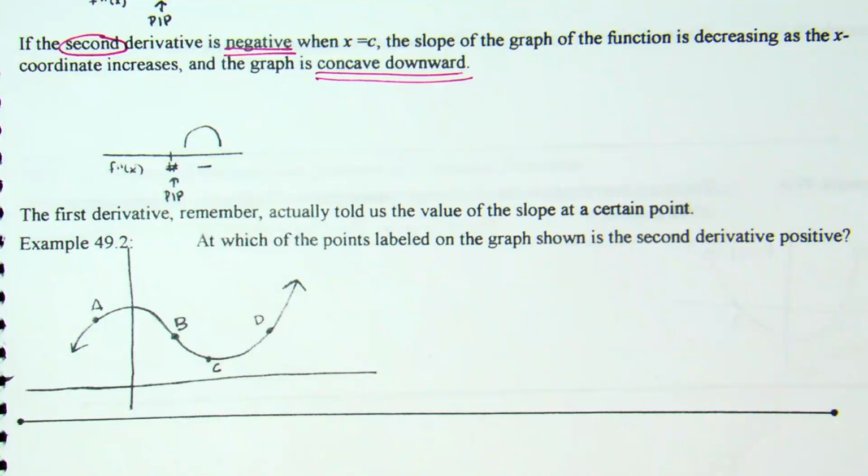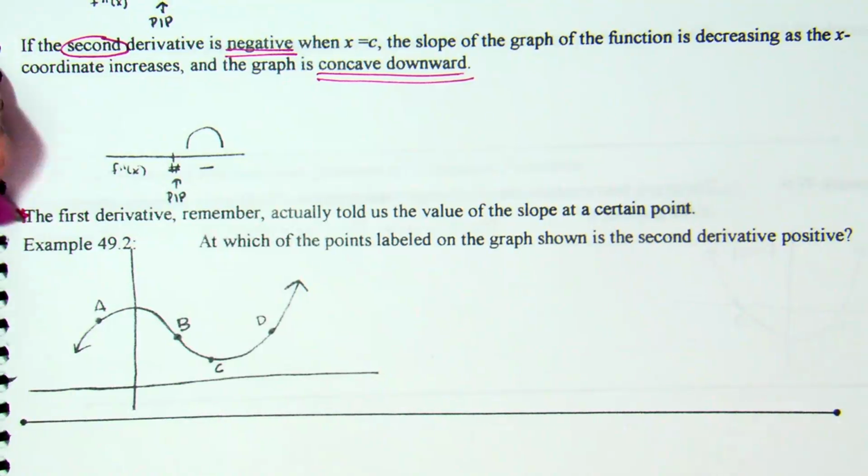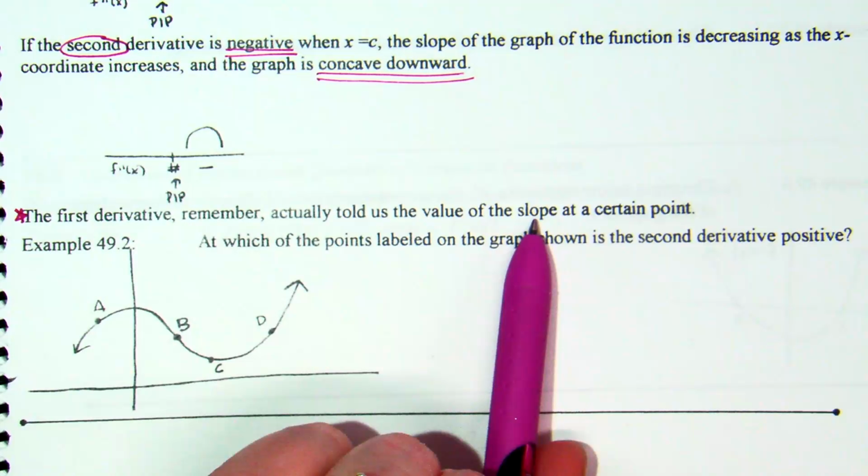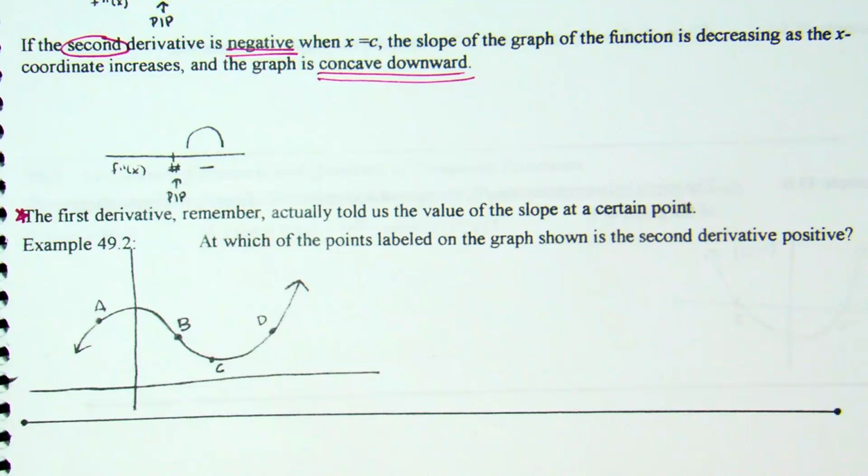Okay, before we go into example 2, I just mentioned this: remember, the first derivative tells us the slope at a certain point. Now, example 2. Looking at this graph, at which of the points labeled on the graph shown is the second derivative positive?